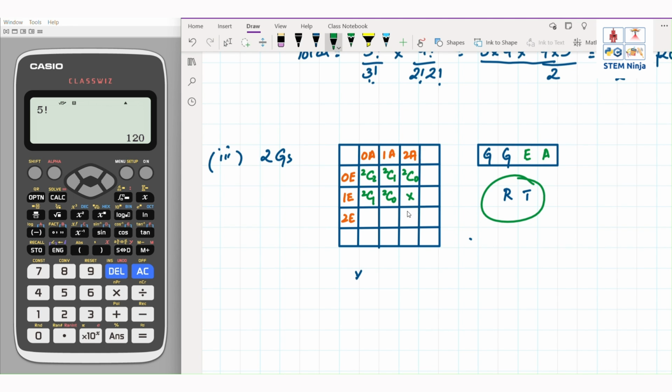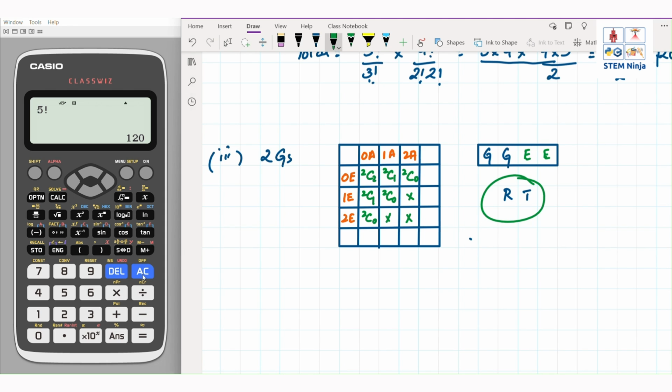Because we just have two places to fill for these two G's over here, so we cannot have that. So if we have two E's, obviously we don't need to choose any of these over here. Similarly, we cannot have that and we cannot have that. So now we just need to add all of these up together.